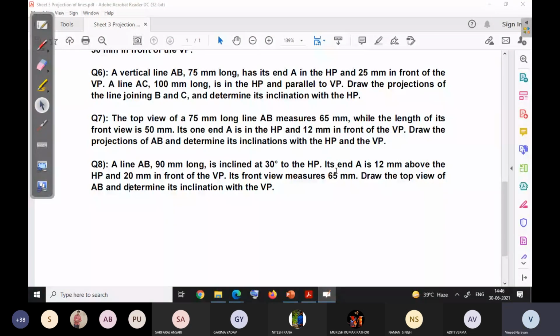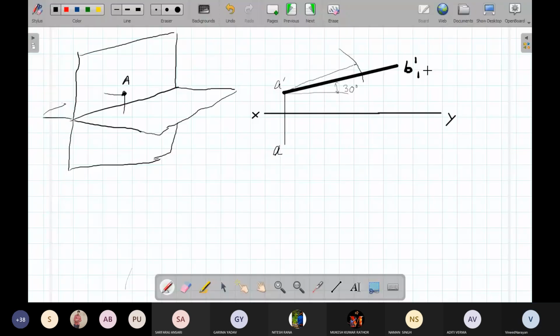Its front view measures 65. Draw the top view. So now, you can draw this front view by drawing a horizontal line.